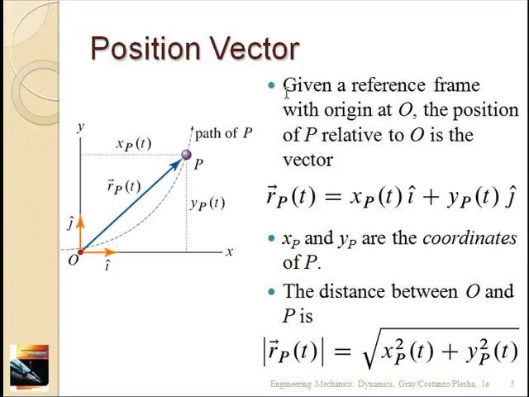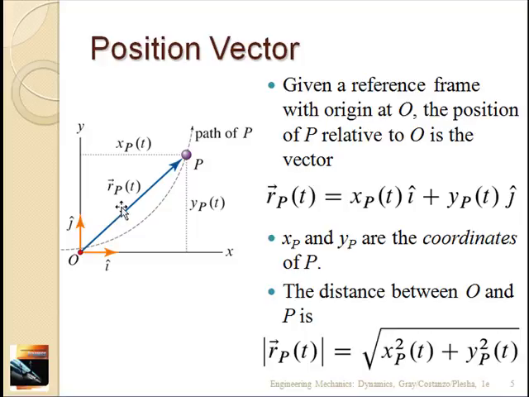So let's start with the position vector. The position vector is provided in some kind of coordinate system. In this case, we'll have an xy coordinate system with unit vectors i and j in the x and y directions respectively, and an origin at point O. We want to be able to describe the position of a particle at any time, and so we use this vector from the origin to the particle, and it's a function of time.